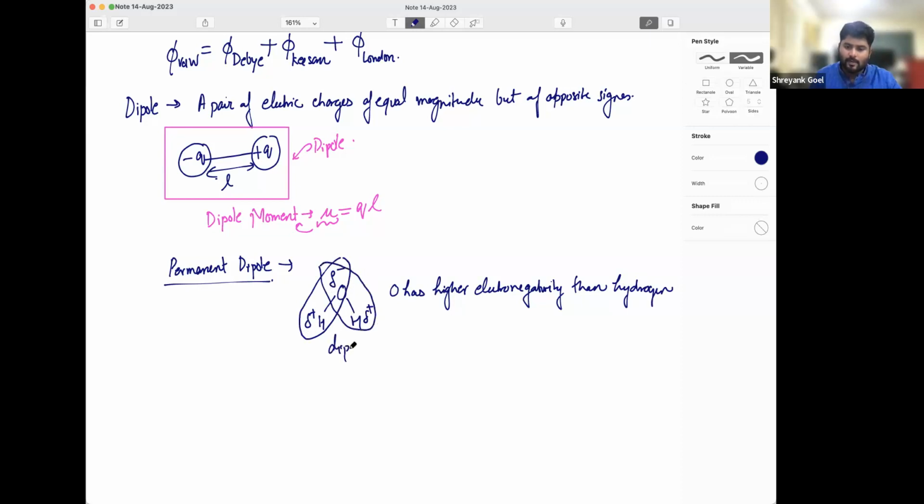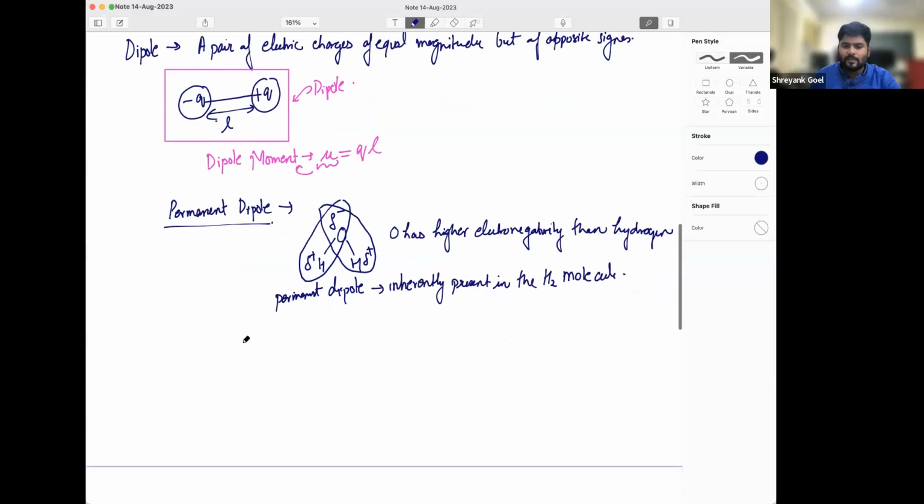So that is inherently present in the H2O molecule.